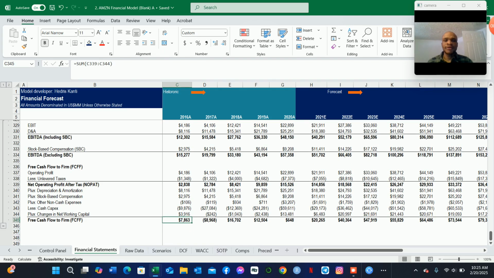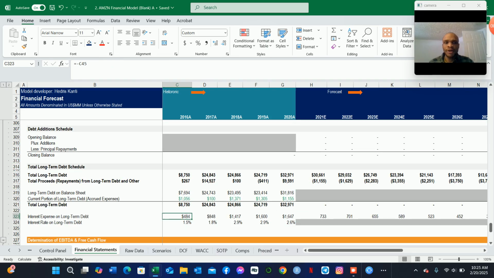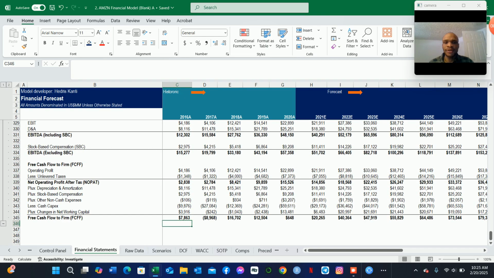So this is the basis for whatever we can get from this free cash flow. So what we want to do now is determine a very, very important metric for calculating our discounted cash flow analysis.